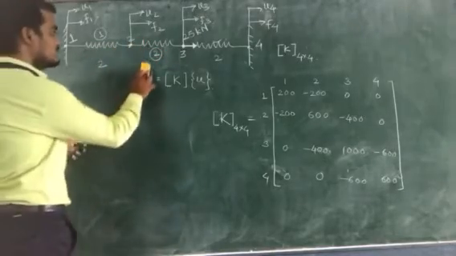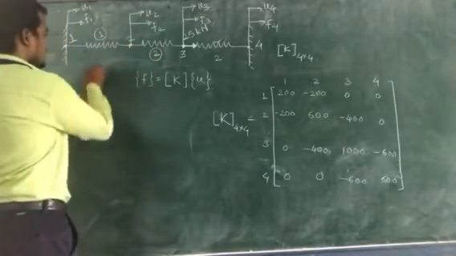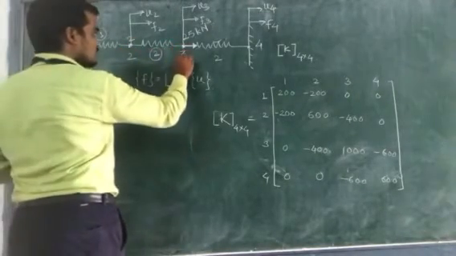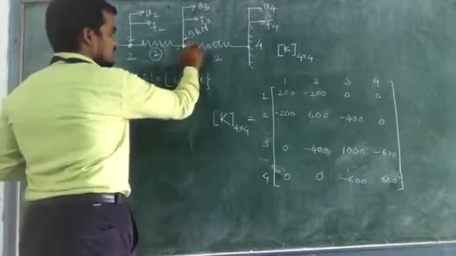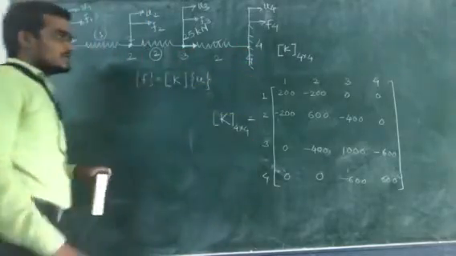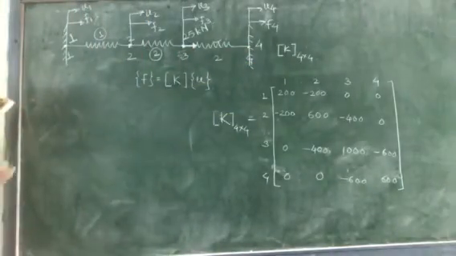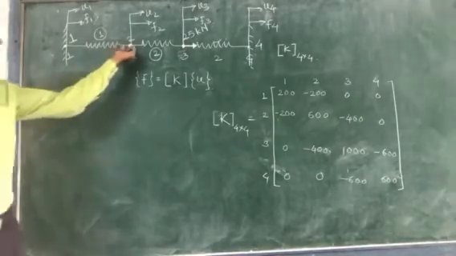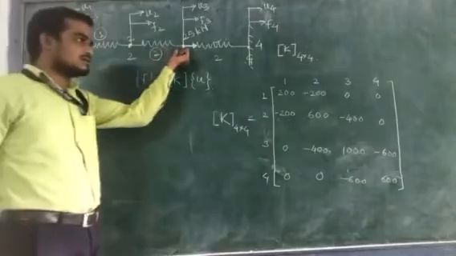Means it will reduce here for node 1, node 2, node 3 and node 4. Means you will get 4 equations for this spring system, because the second node is common as well as the third node is common.